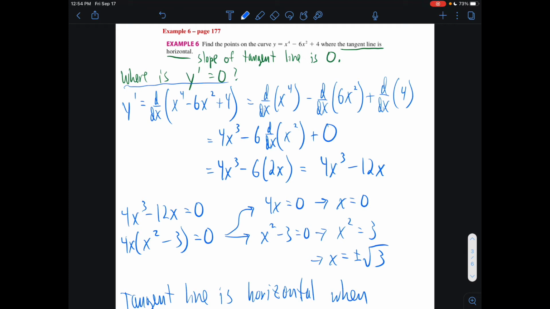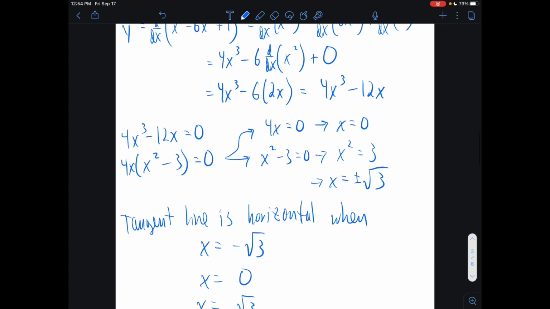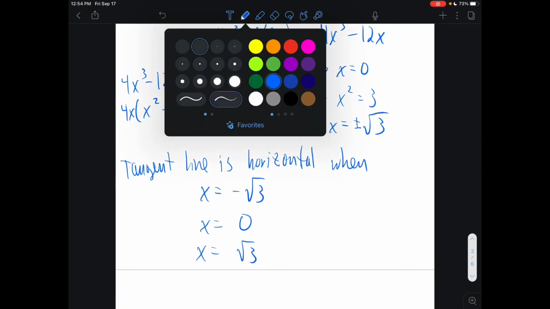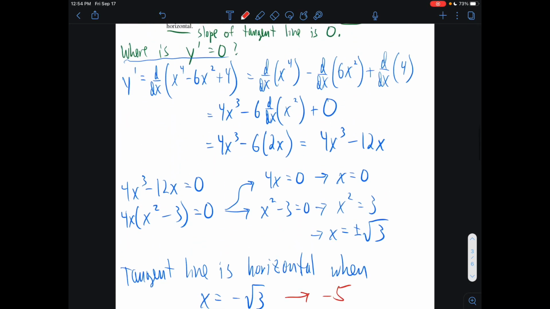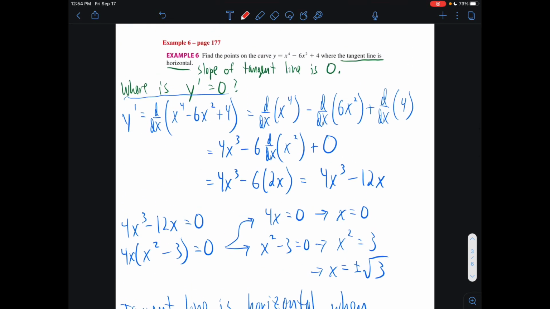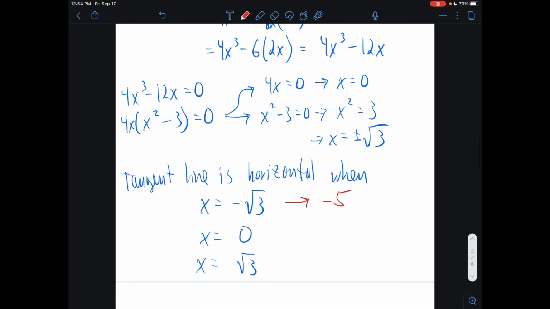So x to the fourth minus 6x squared plus 4, if we used negative square root of 3, we get negative 5 from that. If we used positive square root of 3, again I have even powers there, I'm also going to get negative 5 from that.